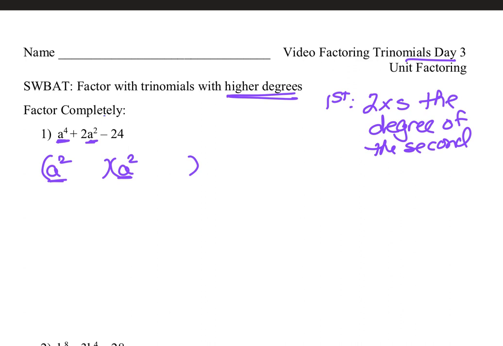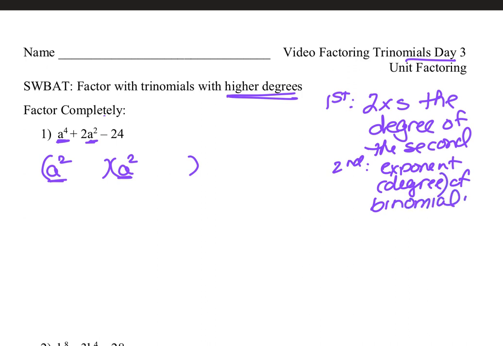Awesome, right? So the exponent or degree of the binomial is the same degree as the second term.